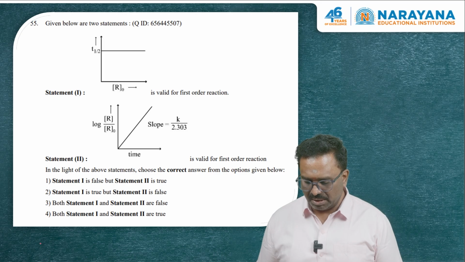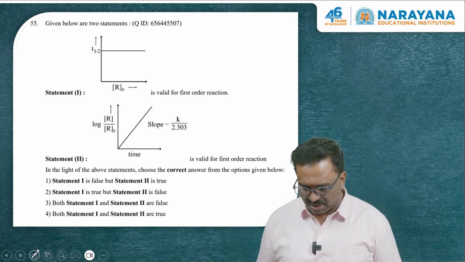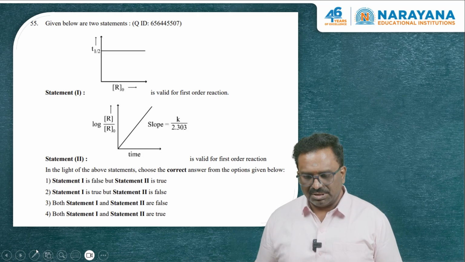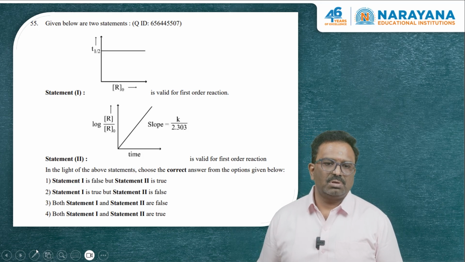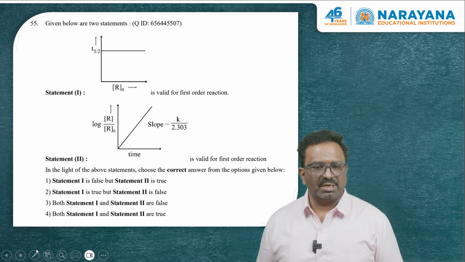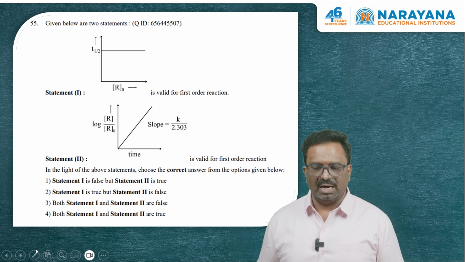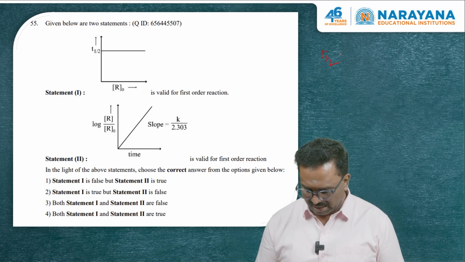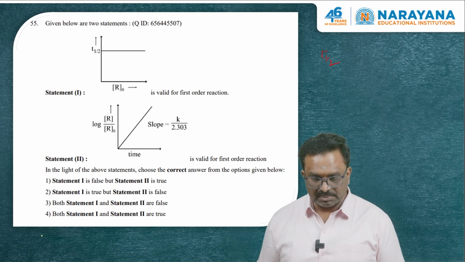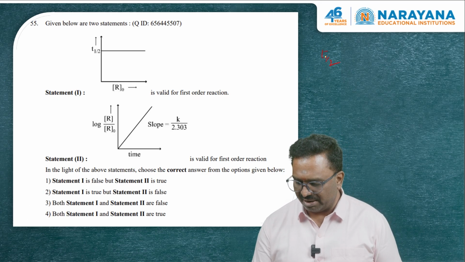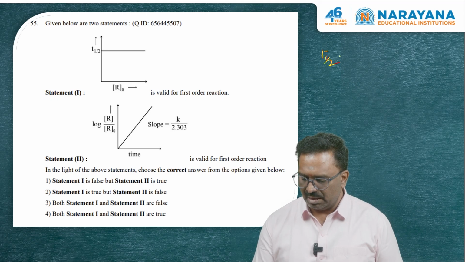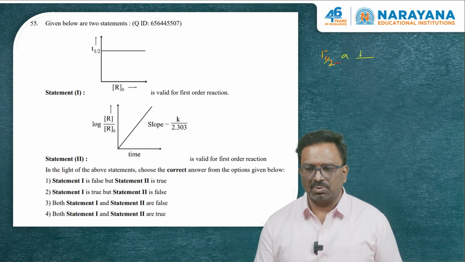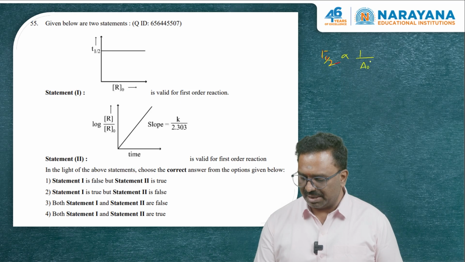Given below are two statements. There is a graphical representation given for the half-life and initial concentration. So when the initial concentration was specified for the half-life, the half-life period t half is proportional to 1 by initial concentration to the power n minus 1.